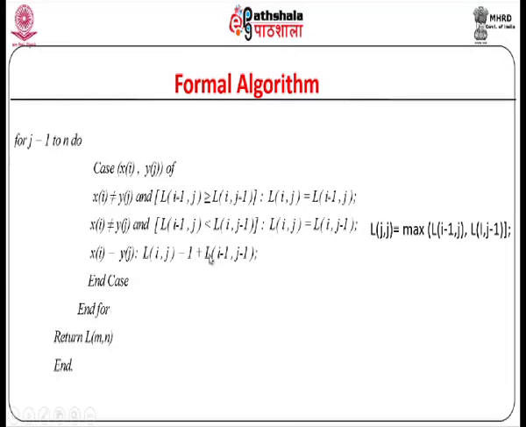As we have seen earlier, if the characters match, it is simply 1 plus L of i minus 1, j minus 1. If there is a mismatch, we find the maximum of L of i minus 1, j and L of i, j minus 1, and we put that into the table. We repeat this up to n, the length of the strings, and finally L of m comma n is going to give you the final result.